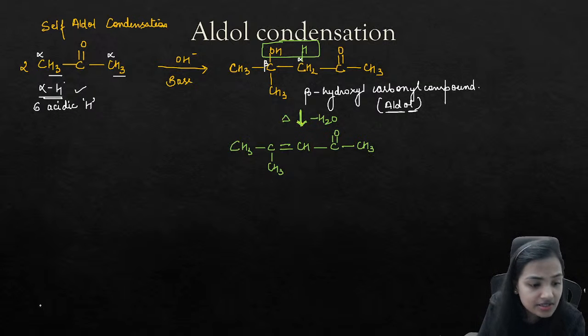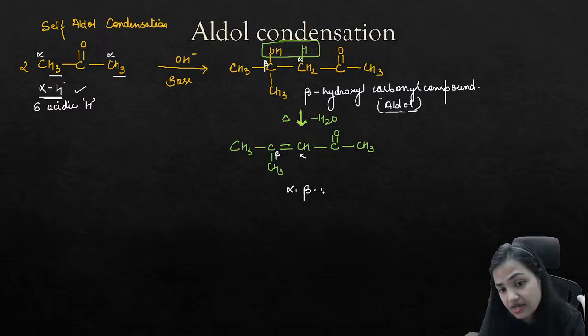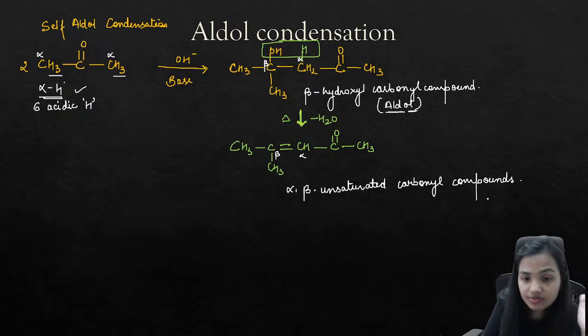If you see this particular molecule, this is the functional group. This is your alpha position, this is your beta position. Now this is known as alpha beta unsaturated carbonyl compounds. So ultimately you will be getting such a product.